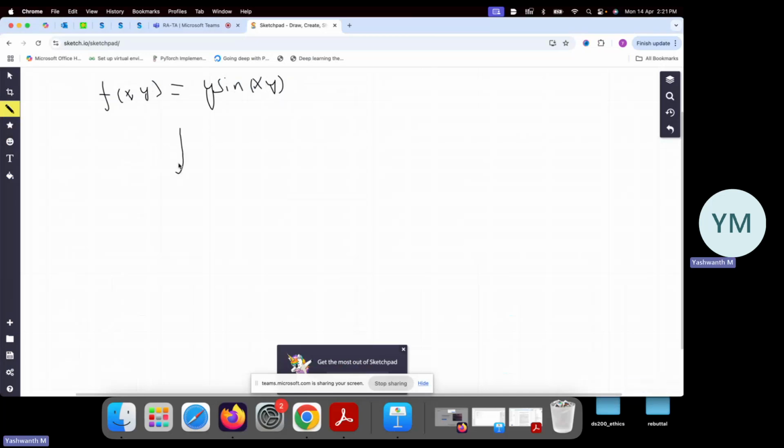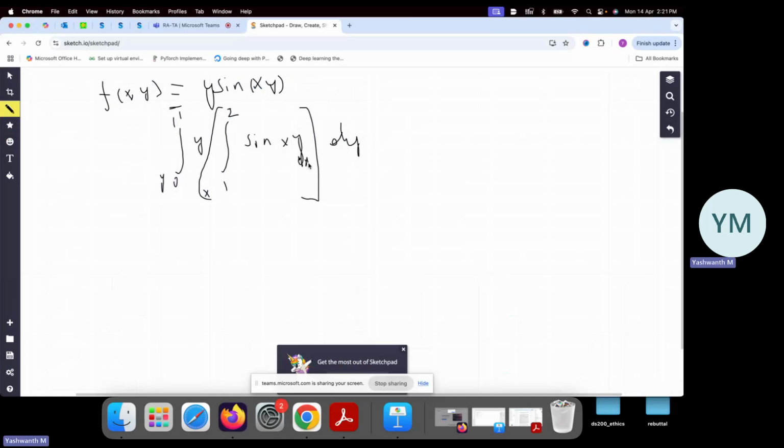Integration of this with respect to x going from 0 to pi, y going from 1 to 2, times dy.